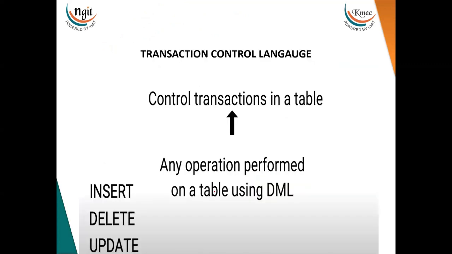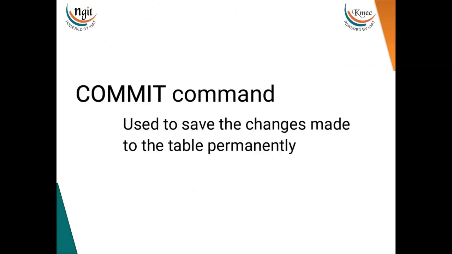What is commit command? Commit command says that it is going to save the changes made to the table permanently. For example, if I wanted to insert a tuple into an existing table, then the operation that you have made onto the table is not permanently affected to the table which is present on the actual server.